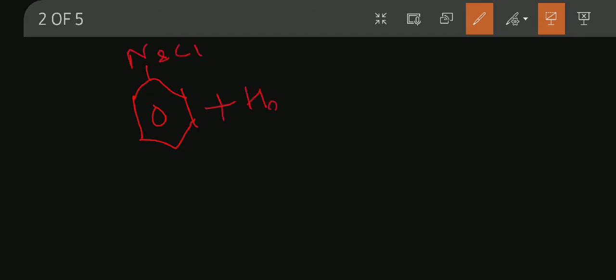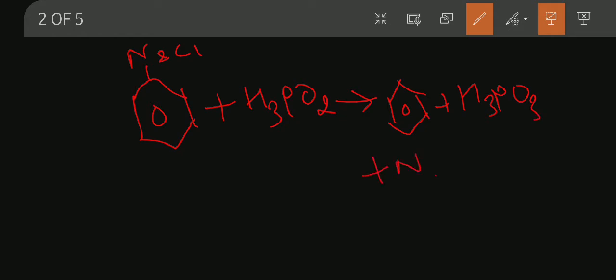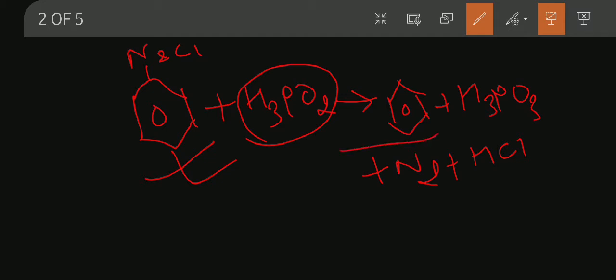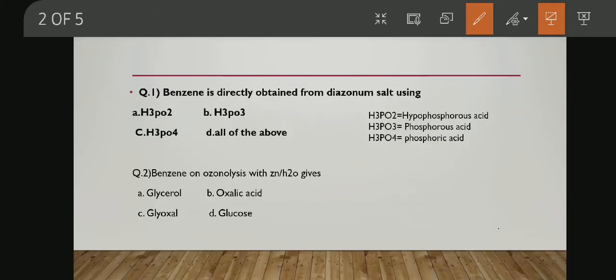When treated with H3PO2 we get benzene plus phosphorus acid plus nitrogen plus HCl. So here we see hypophosphorus acid on treatment with benzene diazonium chloride gives benzene along with phosphorus acid, nitrogen and HCl. So here we go with option A.